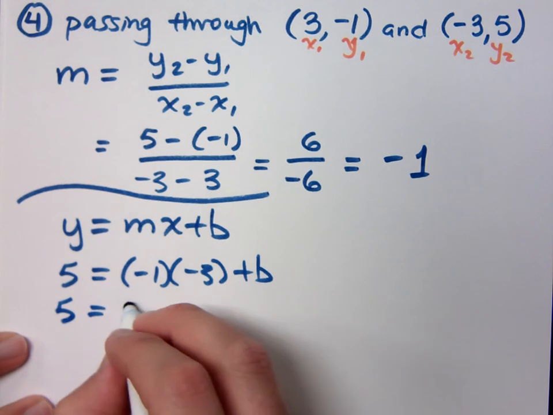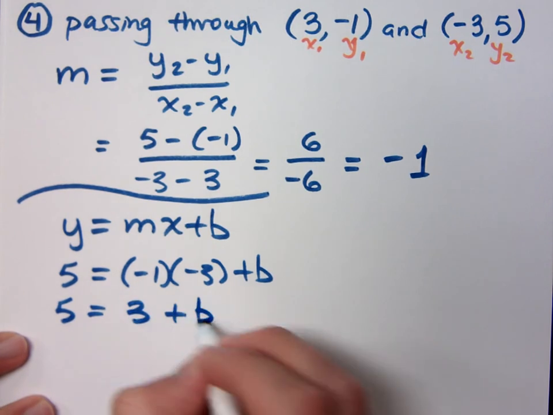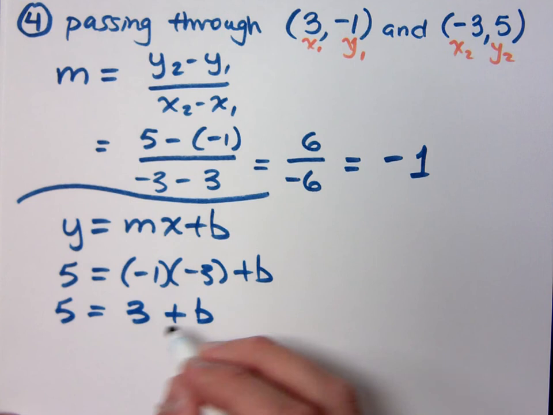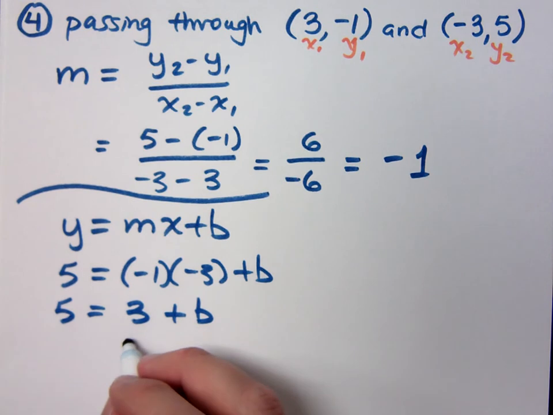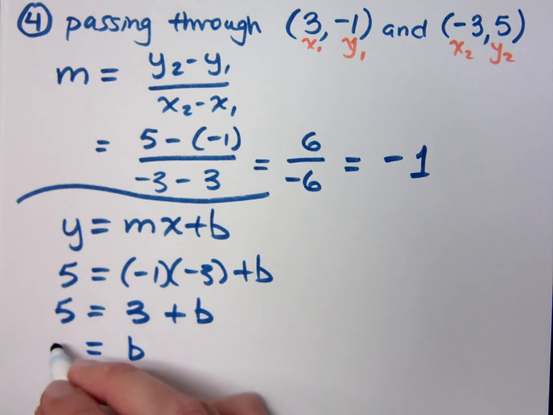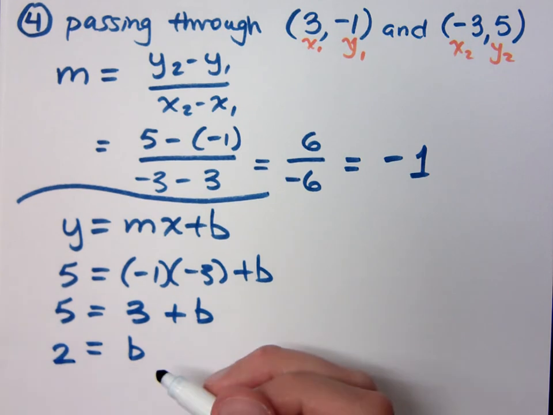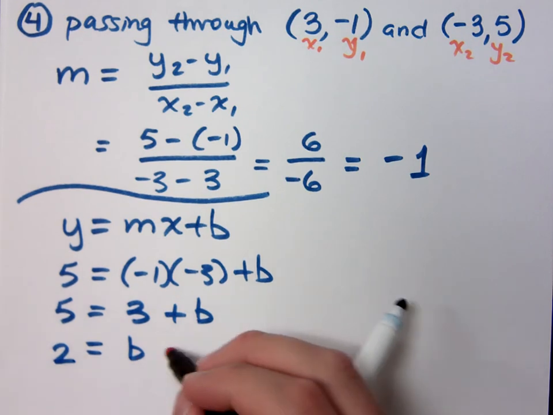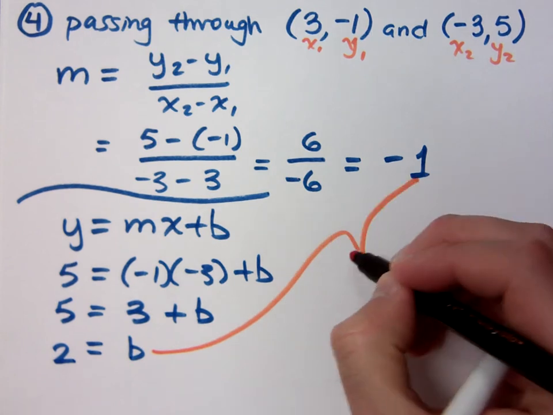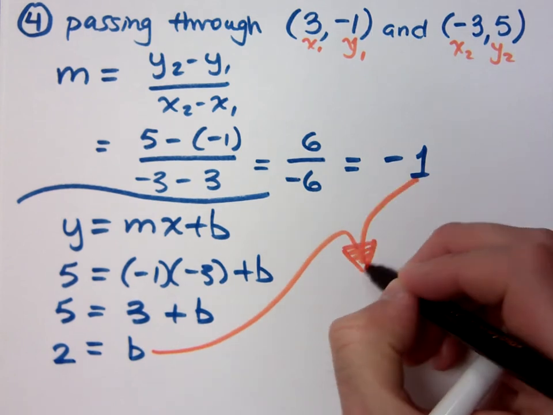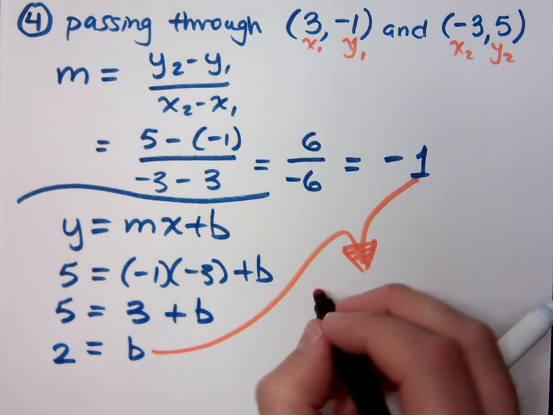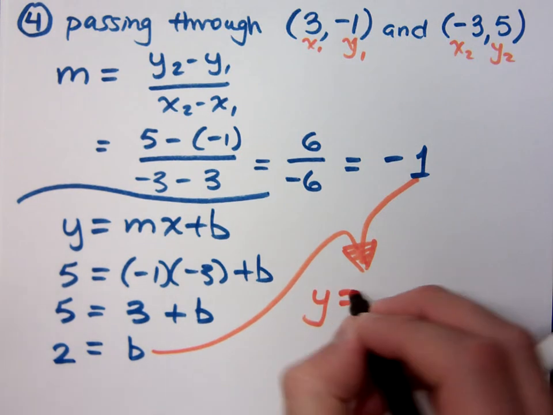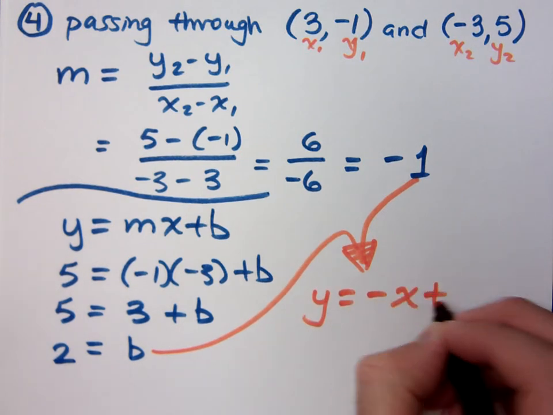What formula is that? Tom? mx plus b? That's the slope-intercept form. So 5 equals 3 plus b, so what does b equal? So if I take my b and my slope, what do I get? y equals -1x plus 2.